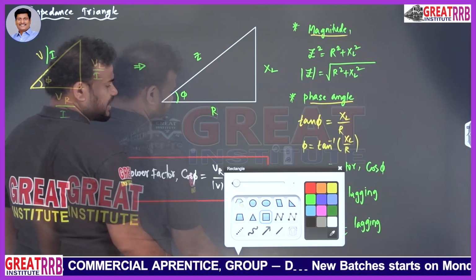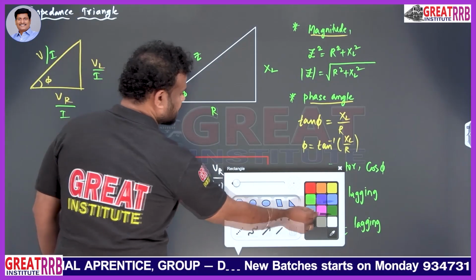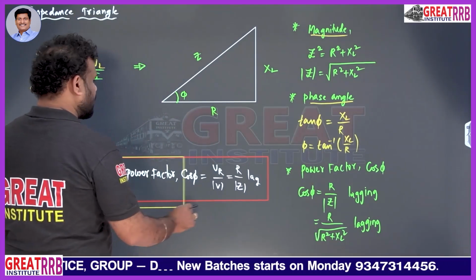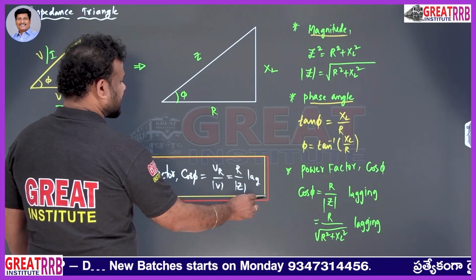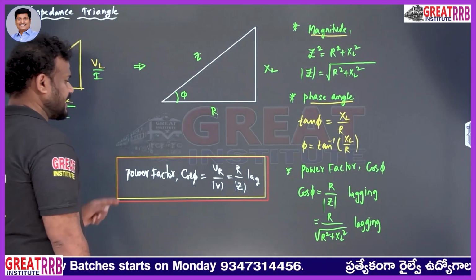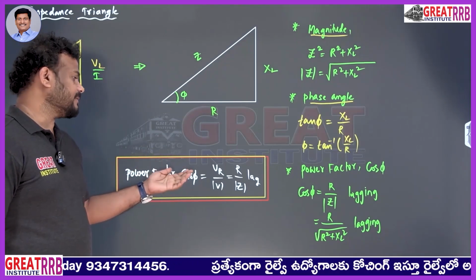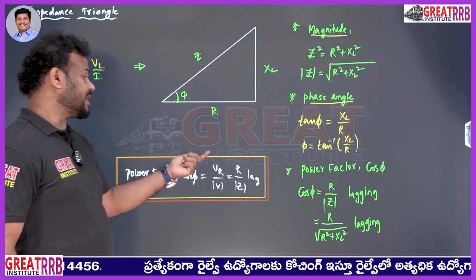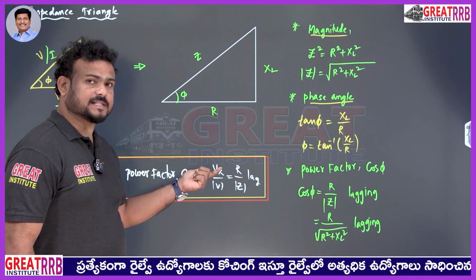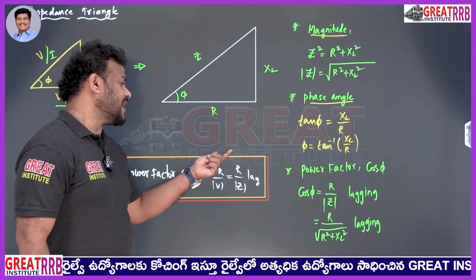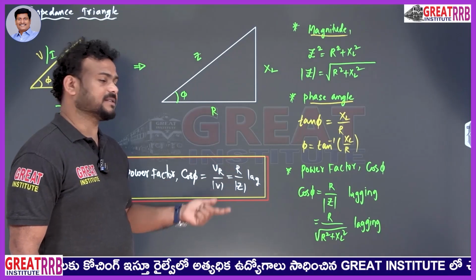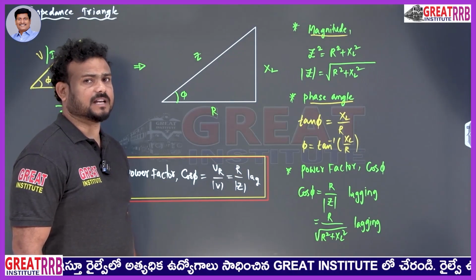So my dear students, these are very important relations to understand: as far as the power factor is concerned, we have a relation with respect to voltage, resistance and inductance. Therefore, for an RL series circuit, the power factor can be defined as the ratio of the voltage across the resistor to the total supply voltage, and resistance to impedance, which is lagging.